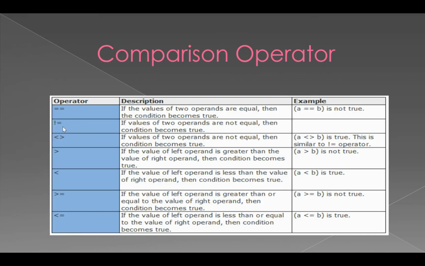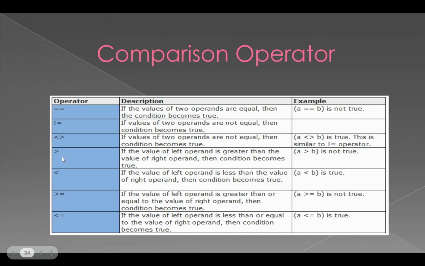This second one is known as the not equal to sign. Basically, it is used whenever you have to say that a is not equal to 10. If the values of the two operands are not equal, then you will get the output as true. This third one also represents not equal to. This is greater than, this is smaller than, greater than or equal to, and smaller than or equal to.